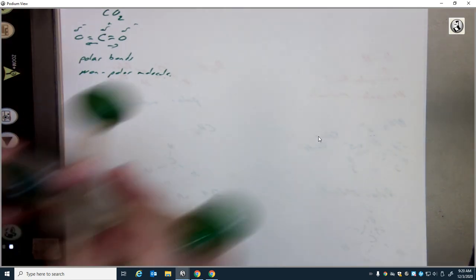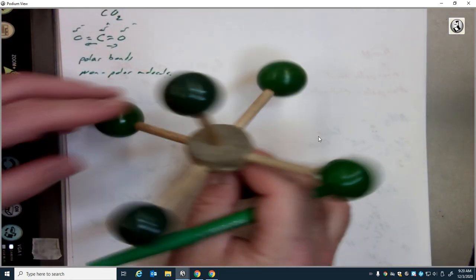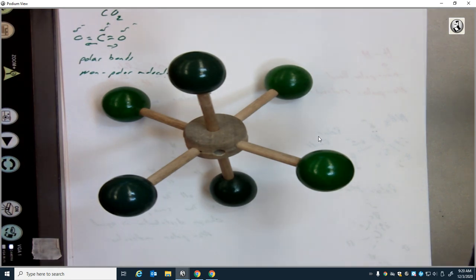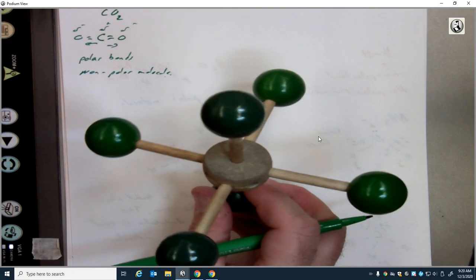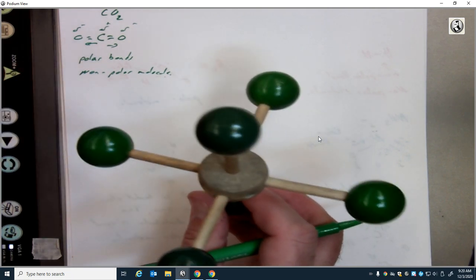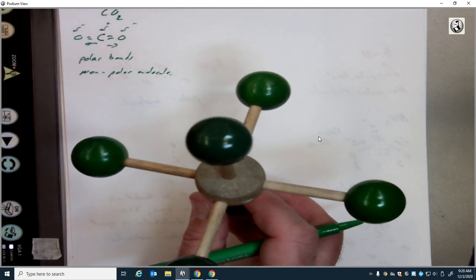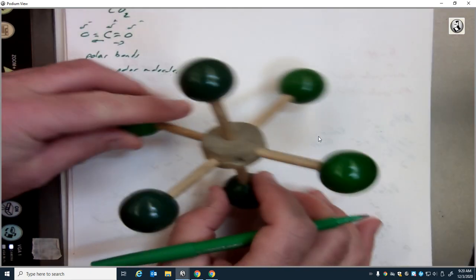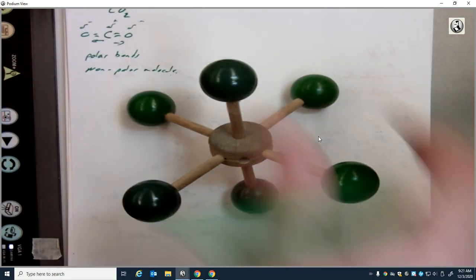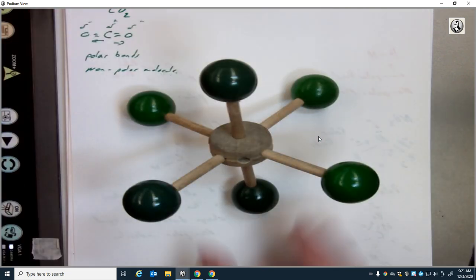How about an octahedral? Okay. What about octahedrals? What do you think? Well, if they're all the same atom, okay, we're going to get, again, just like the tetrahedral, we're going to have this equal charge distribution, right?